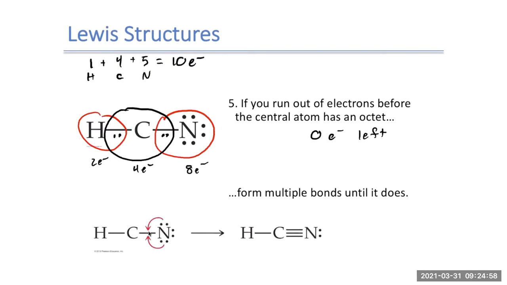What'll happen here is our nitrogen will share a couple extra pairs of electrons with the carbon. You can see between nitrogen and carbon, instead of drawing 1 line, now we've drawn 3 lines.